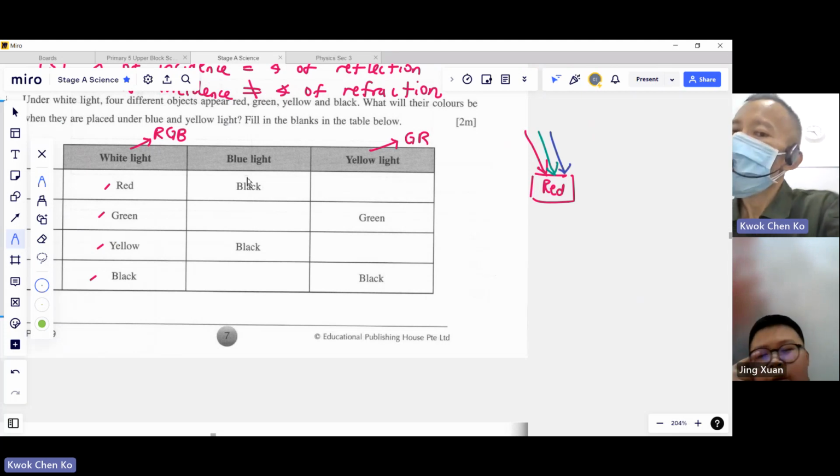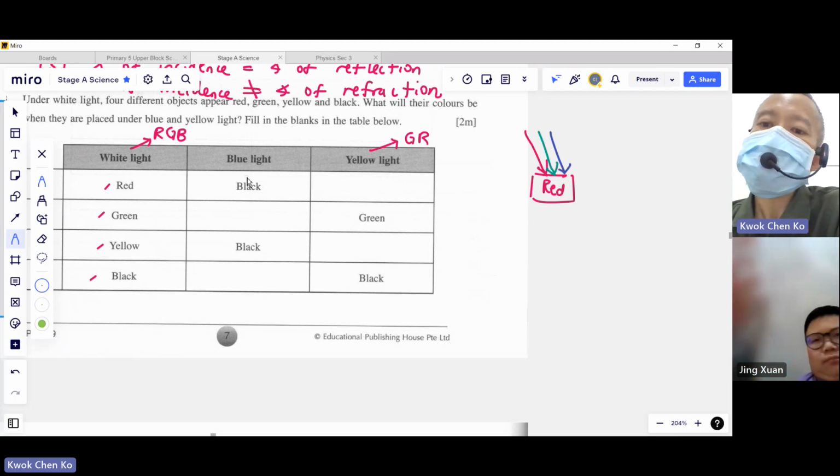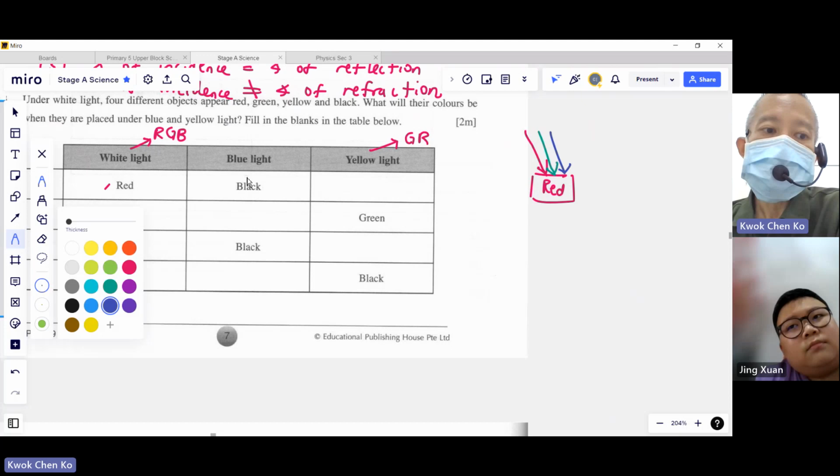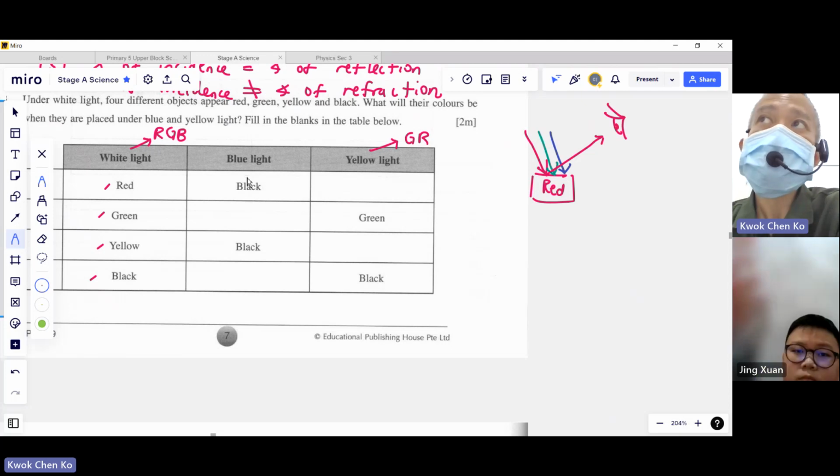But what will happen next? This red object is going to absorb the green and the blue. They are absorbed.